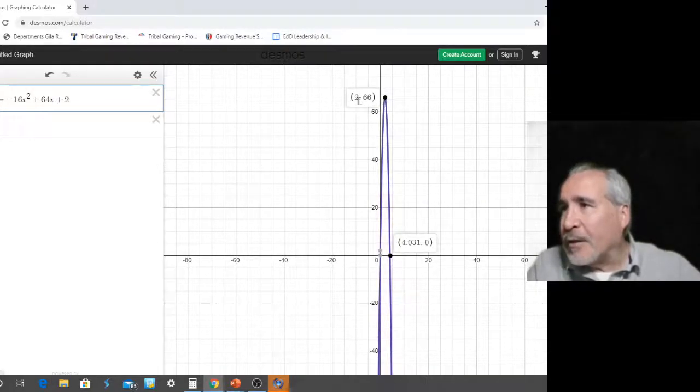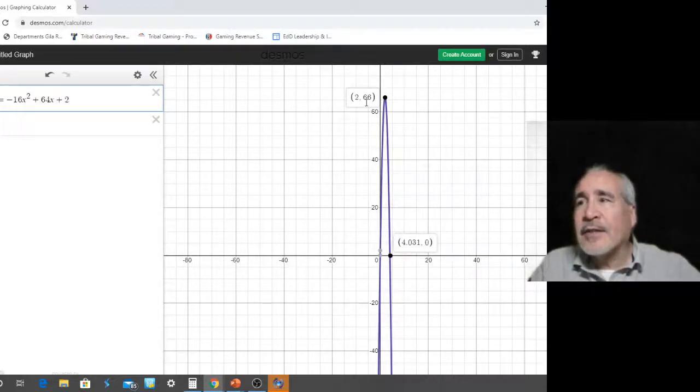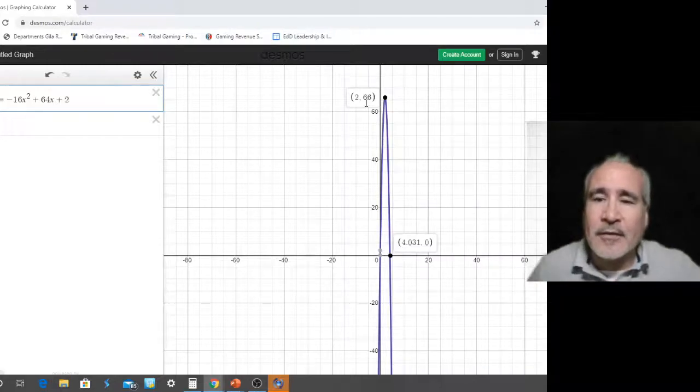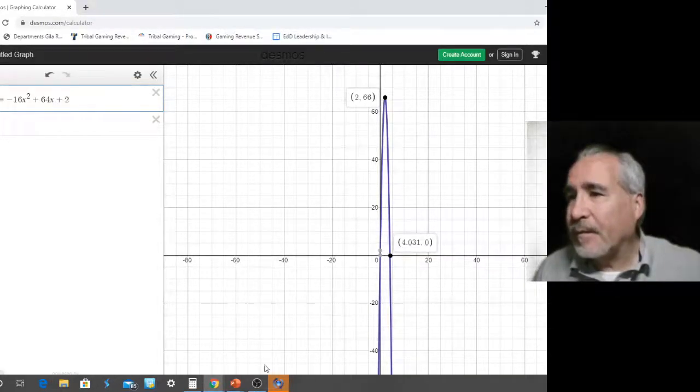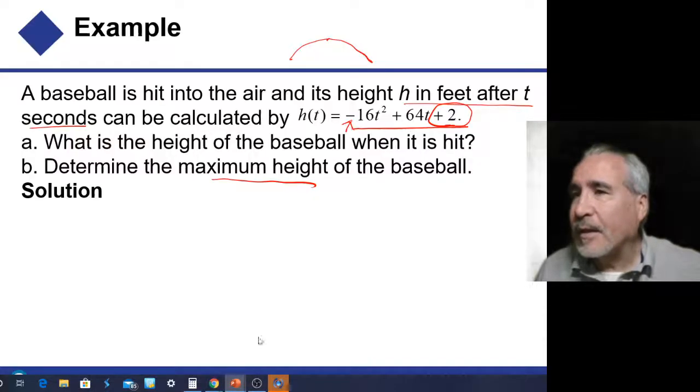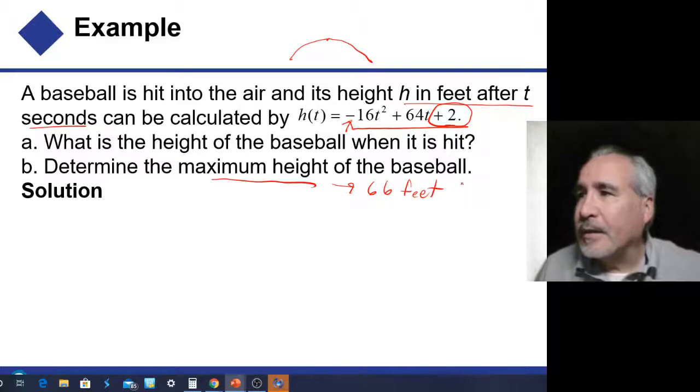What we do get here, though, is the vertex. Halfway through its flight, after 2 seconds, it reached its highest point, which was 66 feet tall. It got to 66 feet. Okay, so the maximum height of the baseball, 66 feet, at 2 seconds.